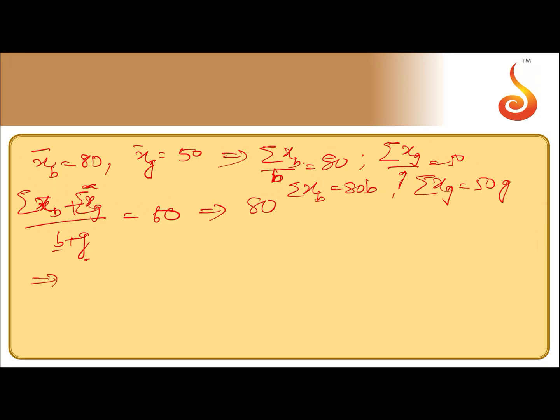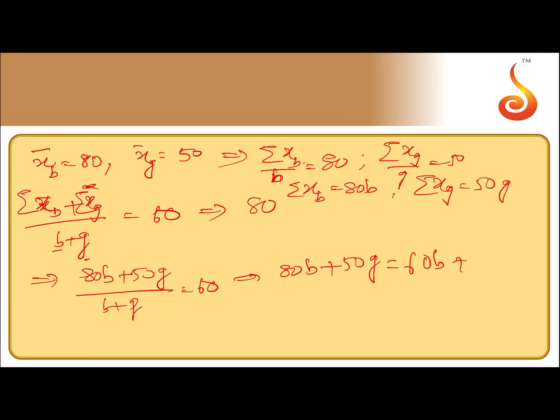Therefore, you can see that 80 times b plus 50 times g divided by b plus g is equal to 60. Now I have to simplify this. 80b plus 50g is equal to 60b plus 60g, and 80b minus 60b is 20b, which is equal to 10g.